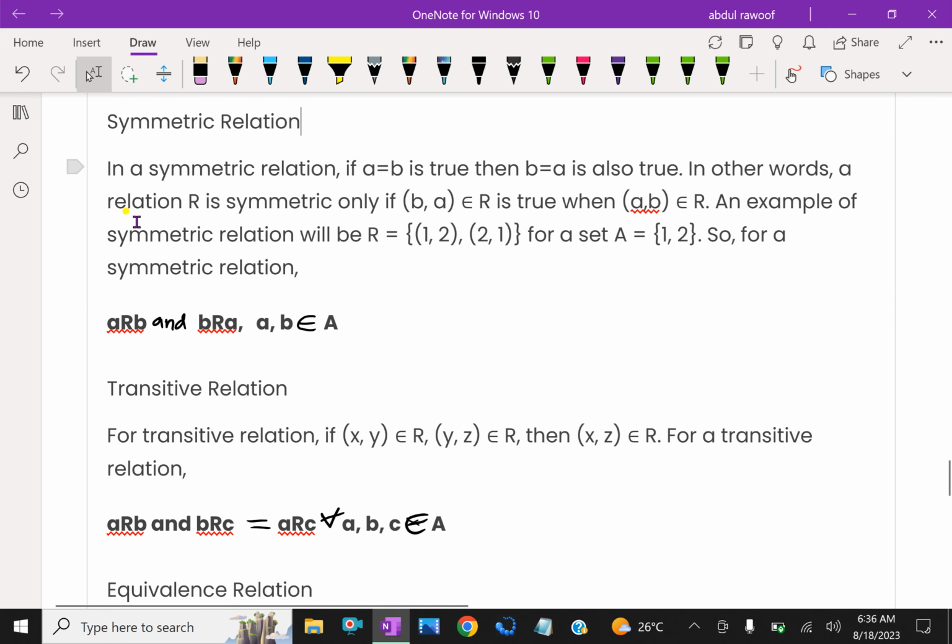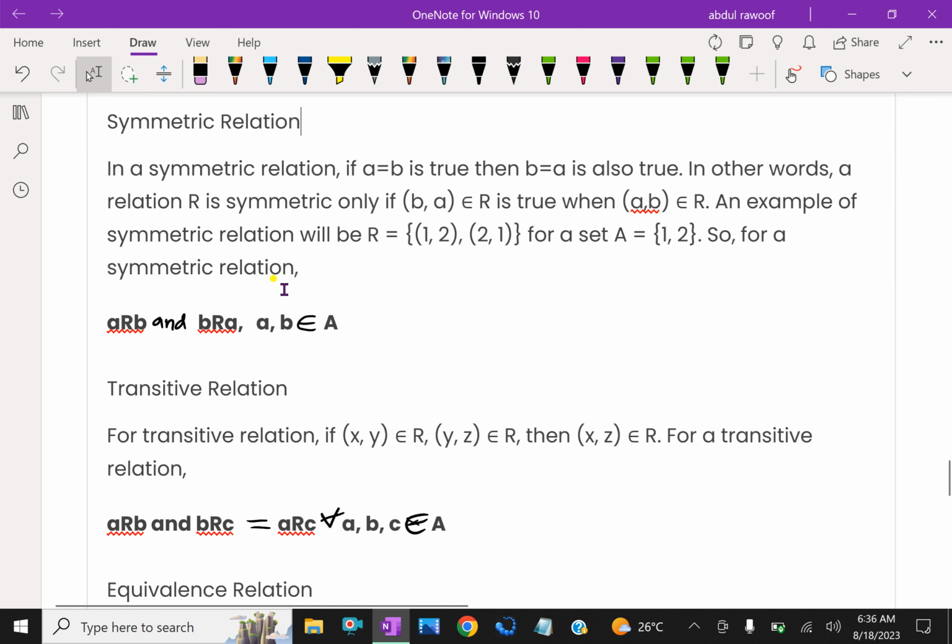Symmetric relation. In a symmetric relation, if a is related to b is true, then b is related to a is also true. In other words, a relation R is symmetric only if (b, a) is in R whenever (a, b) is in R. Even if the letters are interchanged, it is related in R, so it's called a symmetric relation.